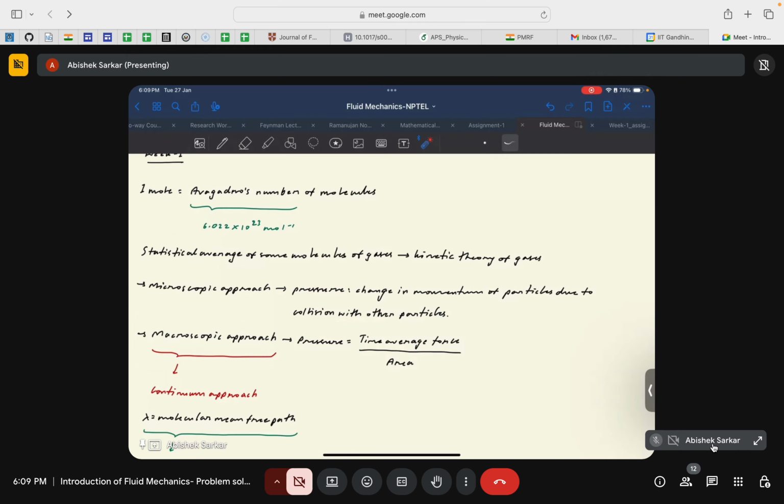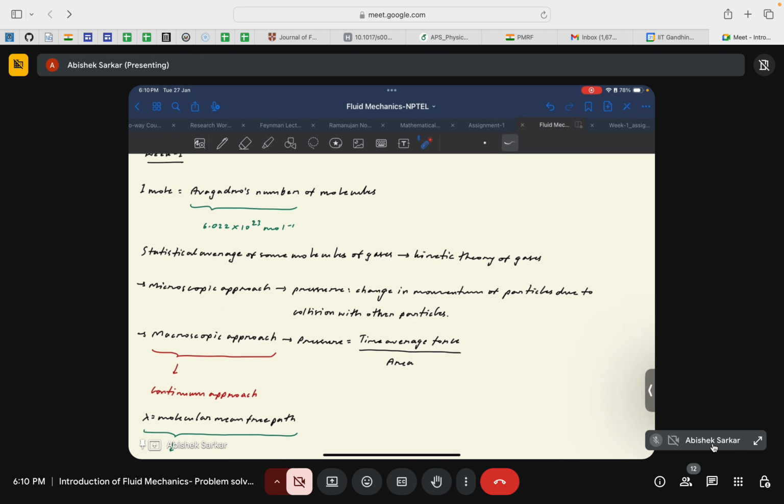For example, Professor Chakraborty might have used the word pressure. If we try to understand the definition of pressure from a microscopic point of view, it will basically mean the change in momentum of particles due to collision with other particles. When we say the pressure is high, it means that there are more fluid molecules colliding. If a surface is undergoing more pressure, it means that the number of molecules over this surface is larger.